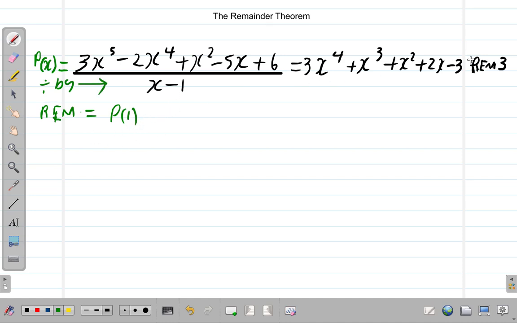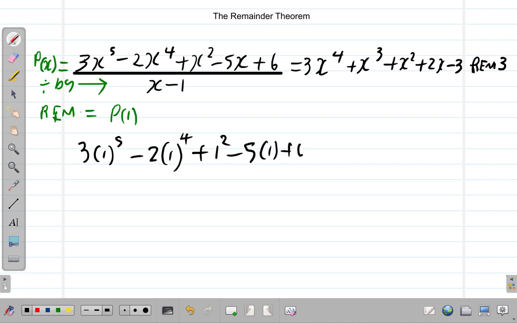Then p(1) must be the remainder. Now, if we try that, what we're going to get is 3 times 1 to the 5th minus 2 times 1 to the power of 4 plus 1 squared minus 5 times 1 plus 6. Let's see how it works out if it's really 3.